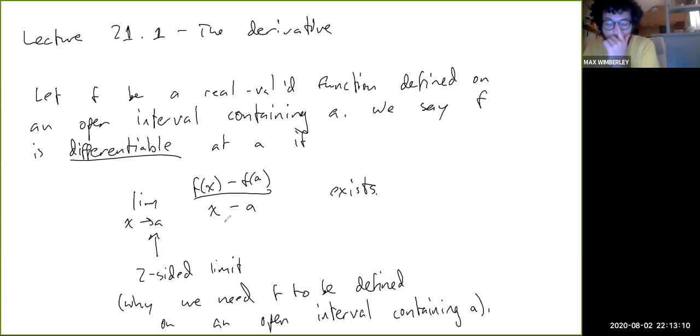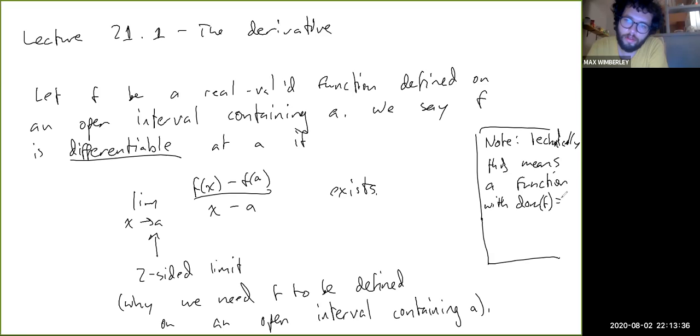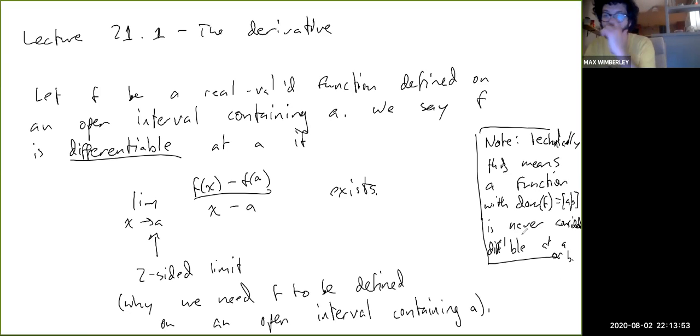So note that technically this means a function with the domain equal to some closed interval is never considered differentiable at a or b.